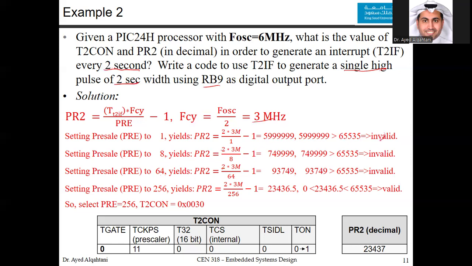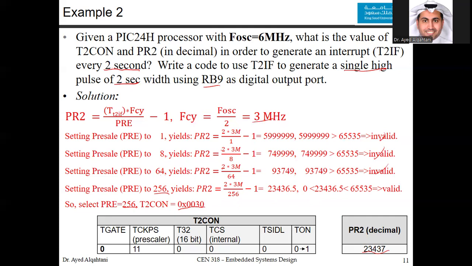This one will be invalid. This one also will be invalid, and the valid one only is the 256 again. So the timer 2 control register, same scenario, is the same value, and the prescaler is 256. The only change here is the PR2, since I have now 2 seconds. I have 2 seconds, so I have this value. Again, it's rounded.